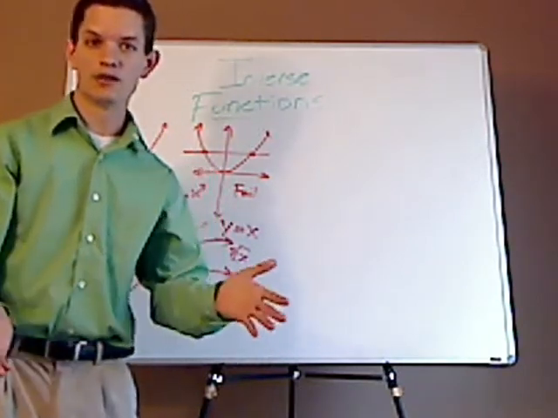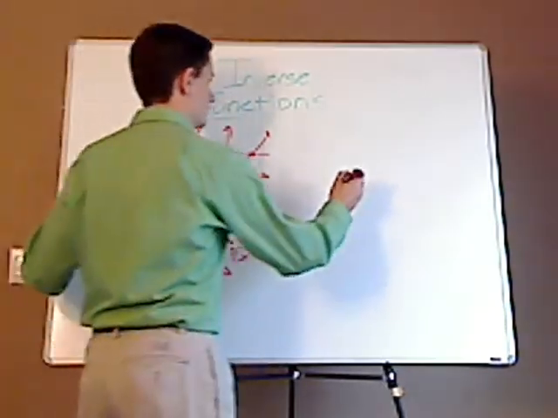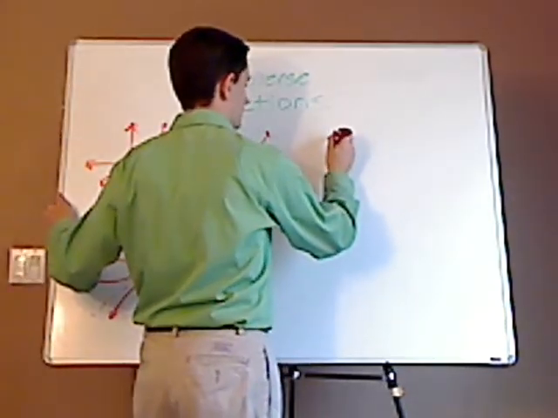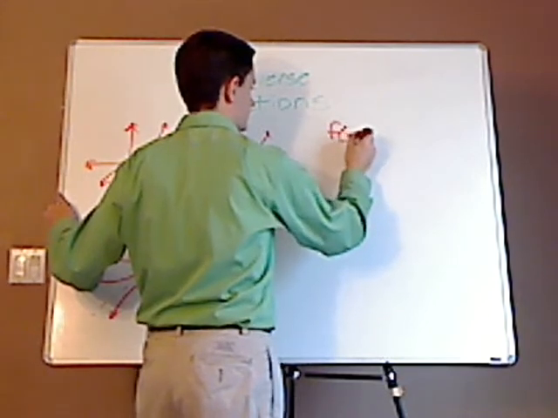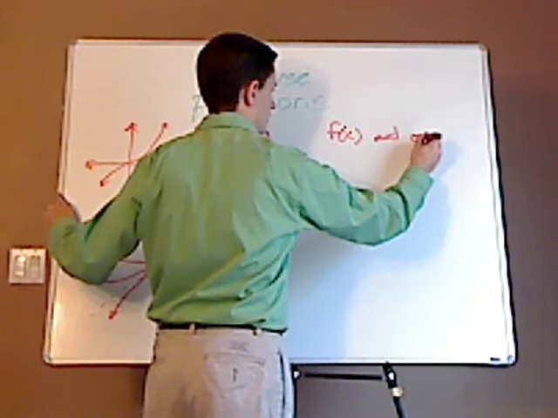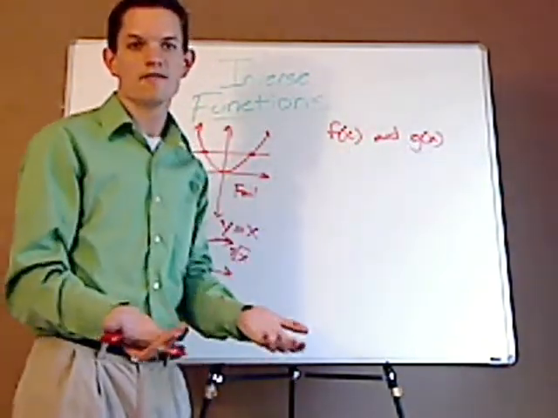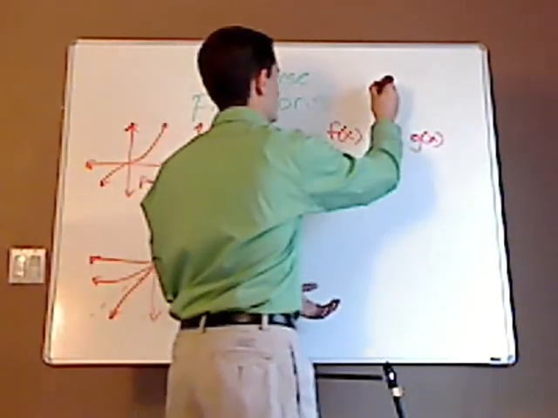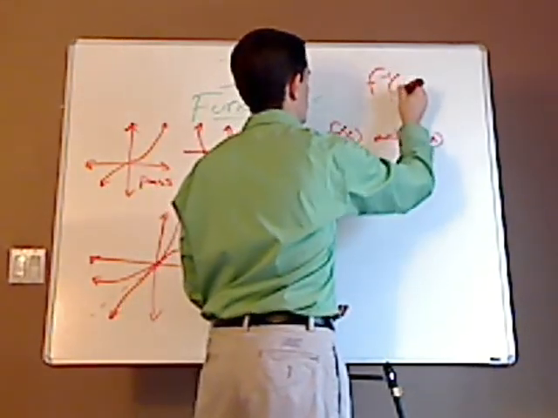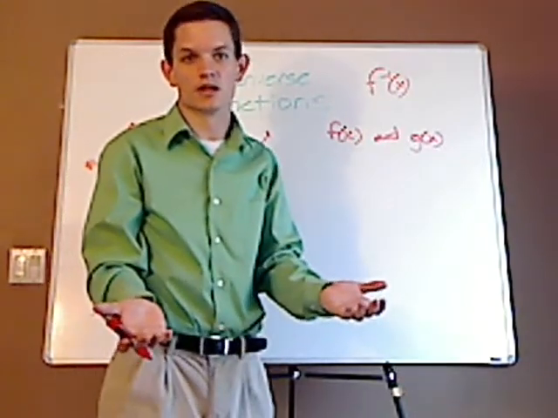What about algebraically? Well, that's a good question. Algebraically, let's say that you have f of x and g of x. I'm not going to give the label f inverse of x, because that's what I'm trying to determine. Are they inverses of each other?